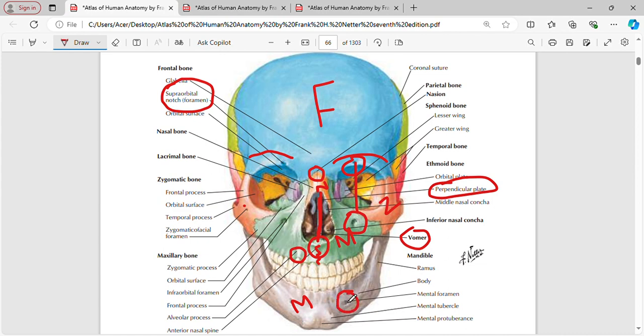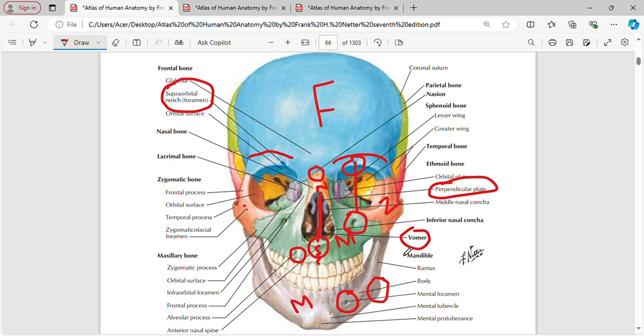This portion. And as we've already seen, there is the presence of the mental protuberance as well, and the mandible has the rami, the body and the angle here, and it's the only movable bone that is present in your frontal view, right?